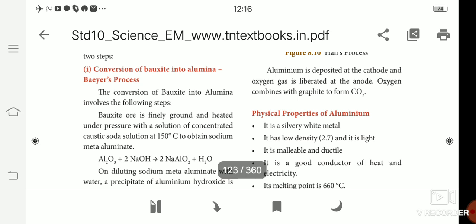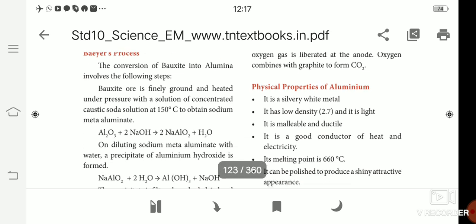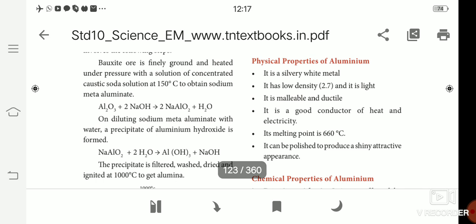In this method, the bauxite ore is finely powdered and heated under pressure with a concentrated solution of caustic soda at 150 degrees Celsius.